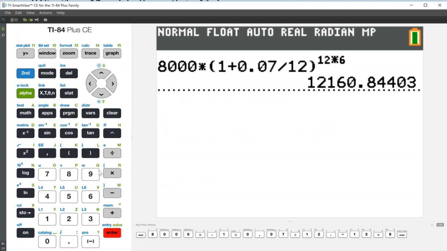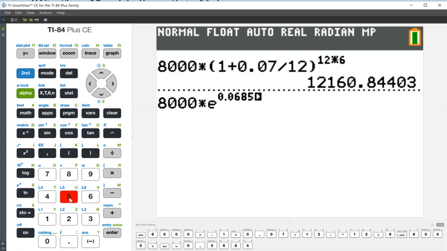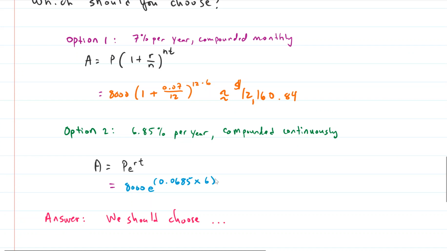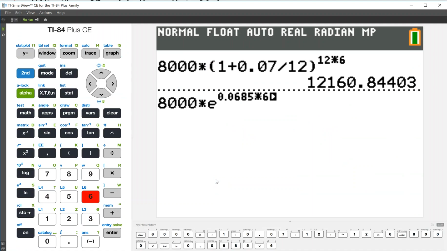8,000 times e to the 0.0685 times 6. Let's make sure we got that right. 8,000 e to the 0.0685 times 6.